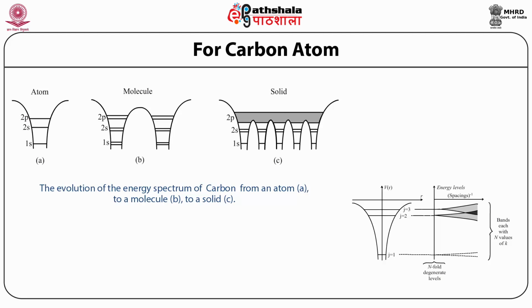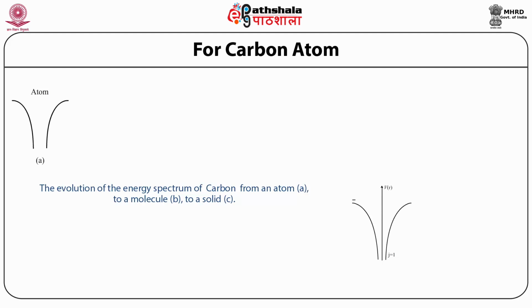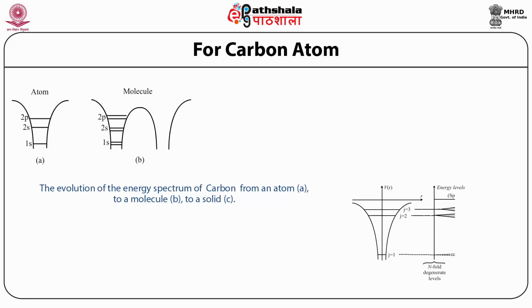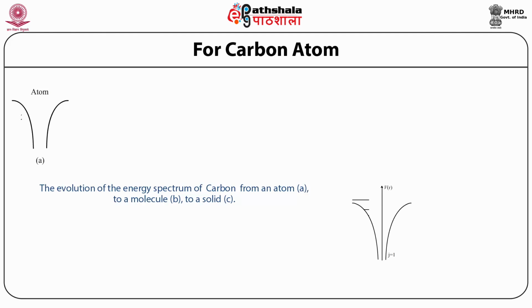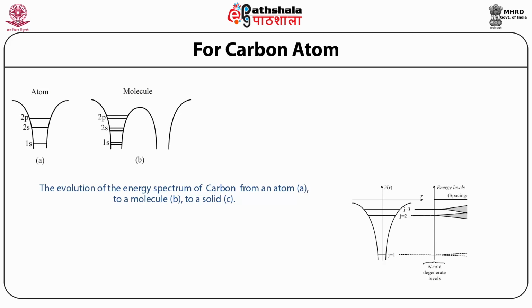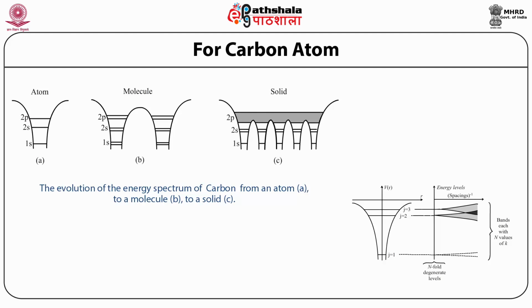The atomic spectrum consists of a series of discrete energy levels which are denoted by 1s, 2s, 2p, etc. The carbon atom contains 6 electrons, 2 of which occupy the 1s shell and 2 are in the 2s shell, which are completely full, and the rest 2 electrons in the 2p shell.